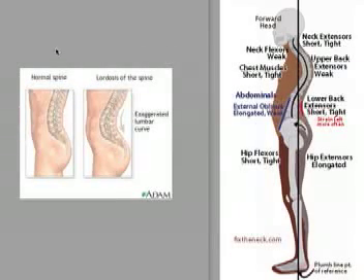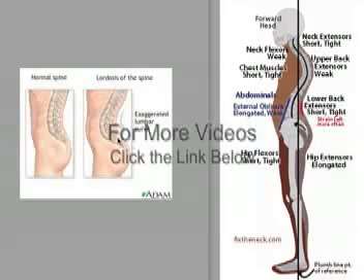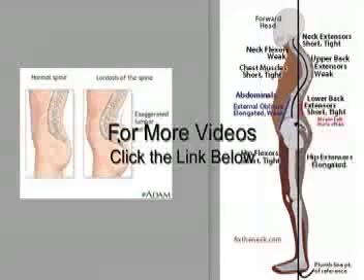The curve of the thoracic spine, which is sort of the upper back, is known as a kyphotic curve. When the curve of the lumbar spine becomes exaggerated, it gets known as lordosis or hyperlordosis. And if we look at this picture on the right hand side, you can see the exaggerated curvature of the lumbar spine. This is what lordosis will look like.